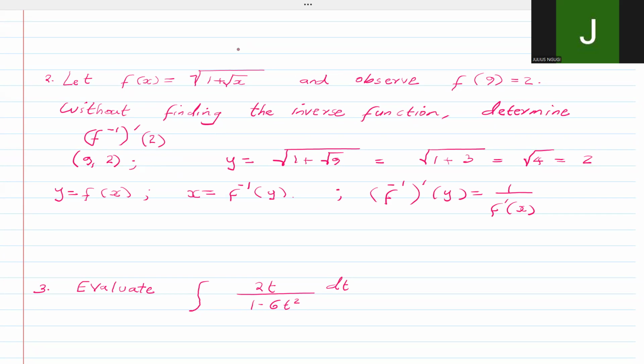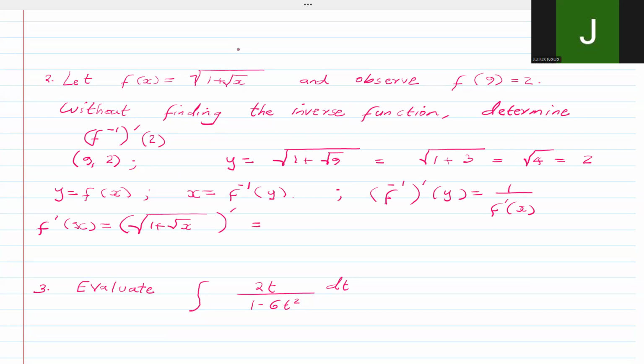So we are supposed to find f prime of x, the derivative of this function, which is not complicated.